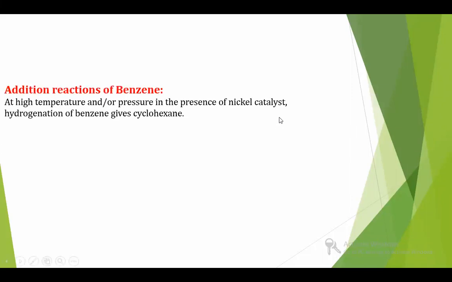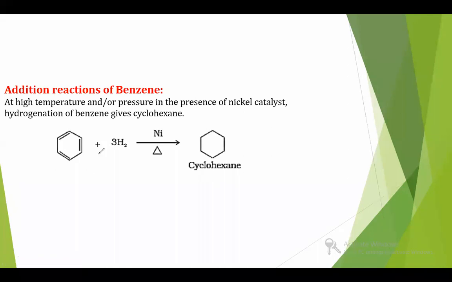Addition reaction of benzene: at high temperature or pressure, in the presence of a nickel catalyst, hydrogenation of benzene gives cyclohexane. So 3 moles of H2 add across the 3 alternate double bonds.